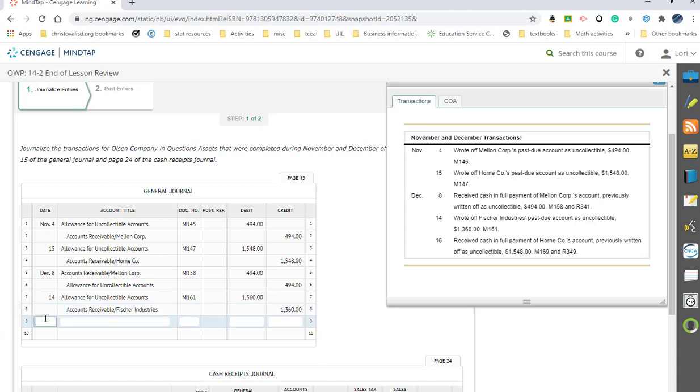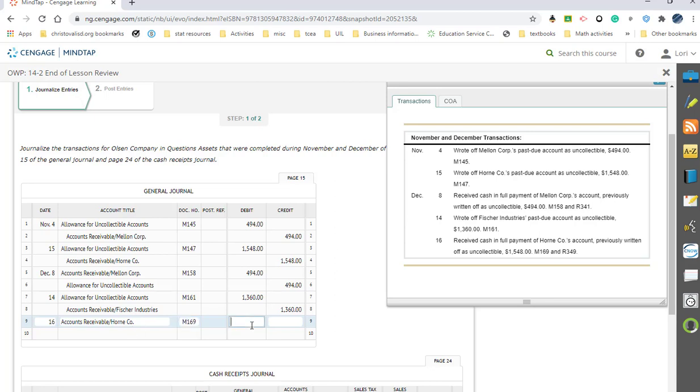And Horn Company on the 16th sends us a check. So we are going to be doing the accounts receivable first because we received money from them. And this is Horn Co. We're looking at the memo 169.